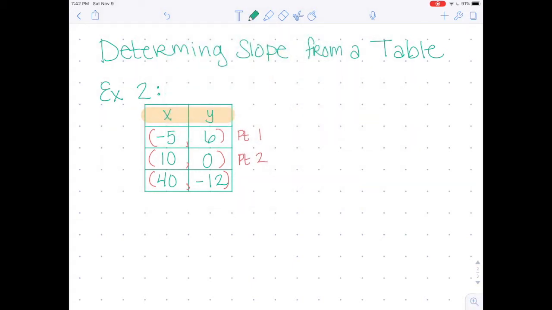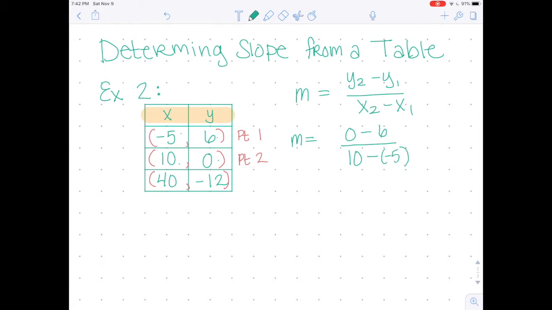So now I can just jump right into the formula. We know that slope is y2 minus y1 over x2 minus x1. So in this case, y2 would be 0 minus y1 would be 6, divided by x2 would be 10 minus x1 would be negative 5.